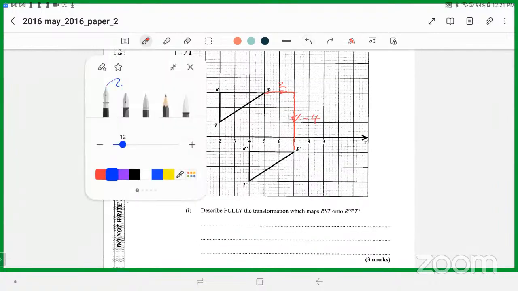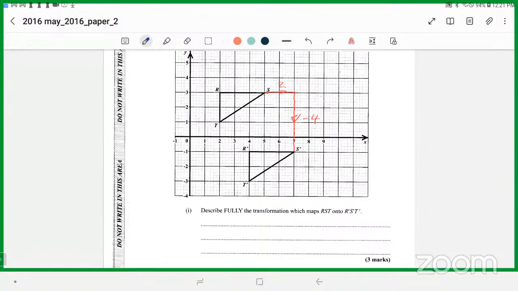A translation 2 units to the right and 4 units downwards.